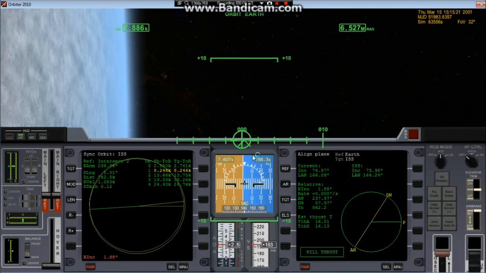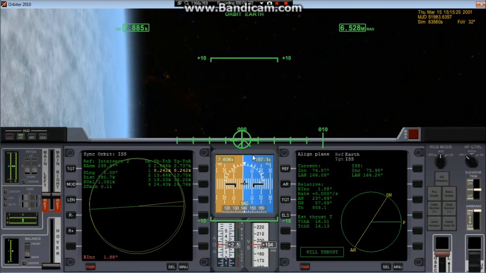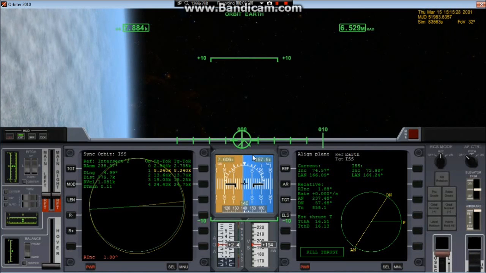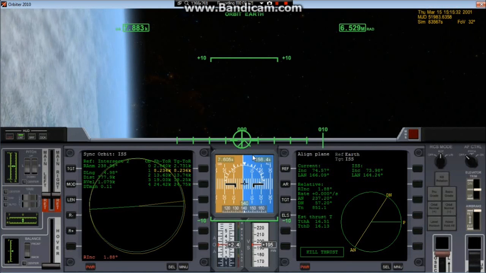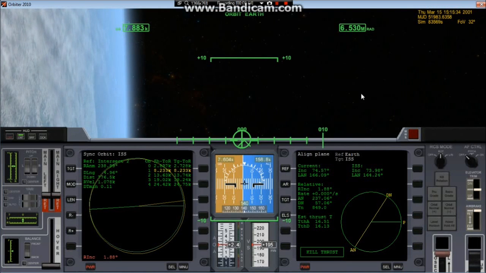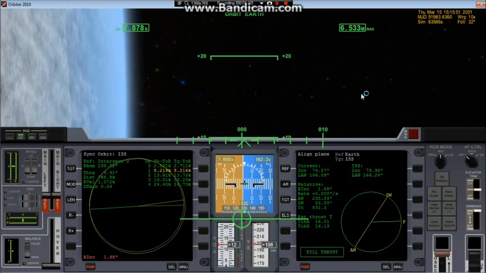So I'm going to induce a little bit of plus y acceleration, and we're going to drift up to the orbit plus as we move to the descending node. So there we go, and I'm going to go to 10x time acceleration.